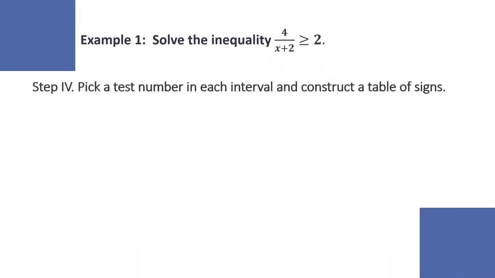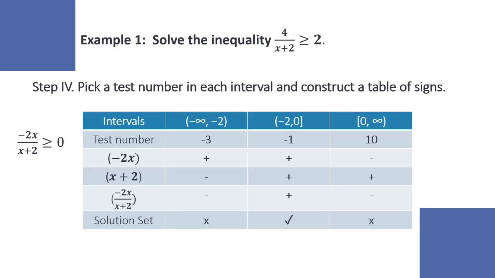Let's have step 4. Pick a test number in each interval and construct a table of signs. Remember that our inequality now is negative 2x over x plus 2 is greater than or equal to 0. So we're going to make a table.